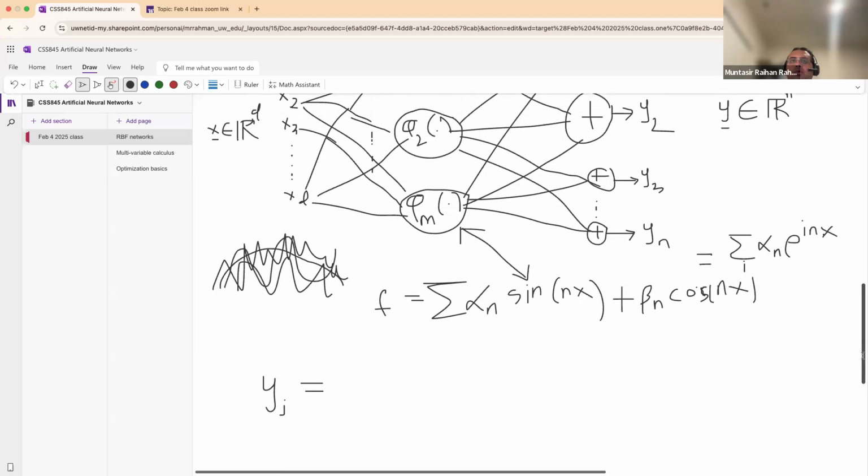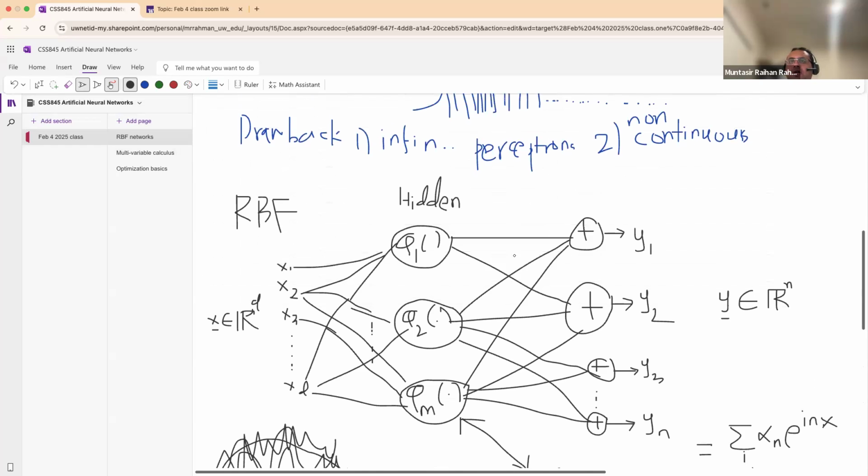Let's start with just y1, or I think it's okay, we can just use yj. So how can I write yj in terms of these functions and these input vectors?